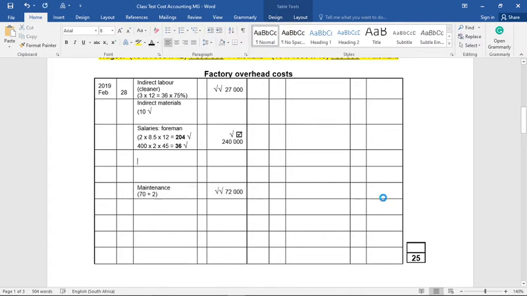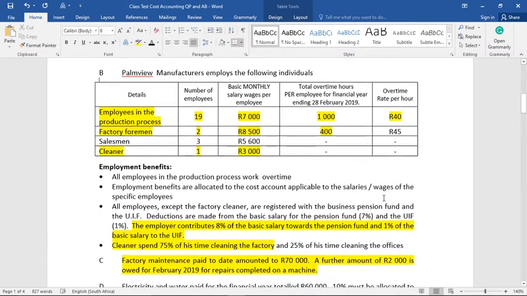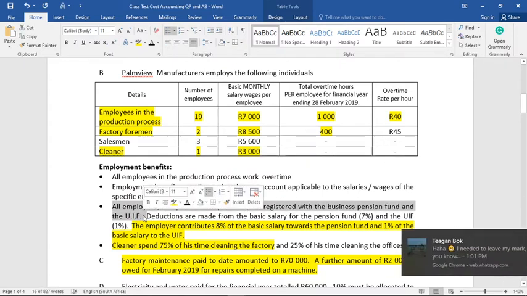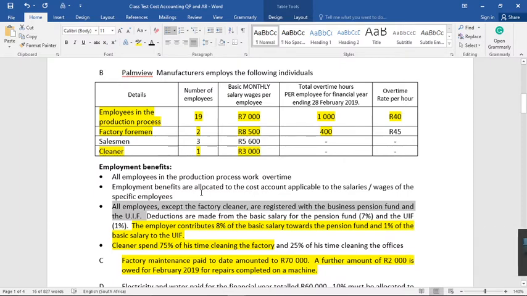Okay, we need to reverse back a little bit. I have forgotten to talk about the contributions for the factory foreman and maybe the cleaner. What does it say here? All employees except the factory cleaner are registered with the business for pension fund and UIF. So the cleaner will not get the contributions. However, the factory foreman must have contributions.